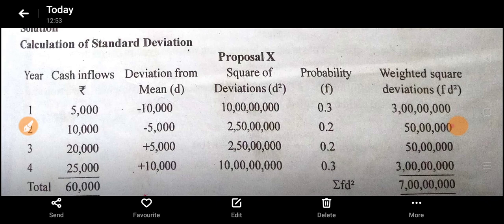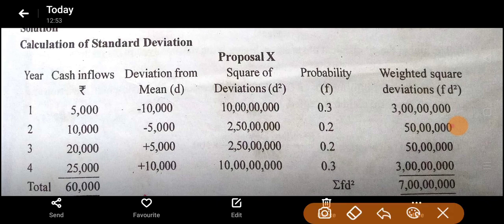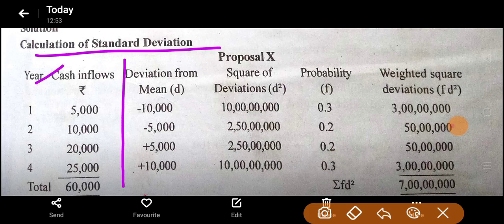So the calculation of standard deviation. You want to rewrite the question up to this: year and cash inflows. The first stage of calculation is adding all these inflows and dividing by the number of inflows.